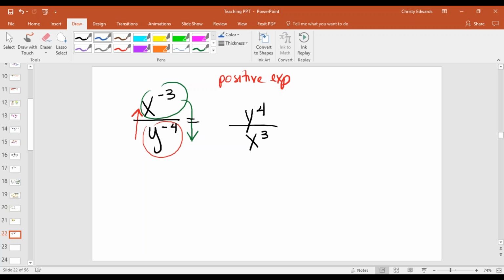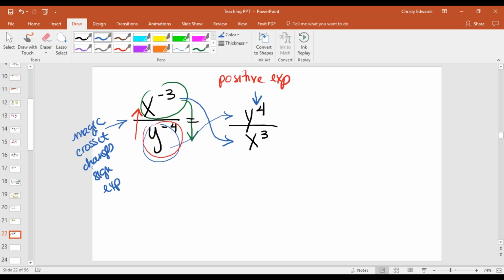Remember, if it helps you like it does me, the fraction bar is like this magic thing that when you cross it, it changes the sign on the exponent. Making y to the negative fourth come up from the denominator into the numerator made it have a positive exponent. Taking x to the negative 3 that was in the numerator down into the denominator gave it a positive exponent.